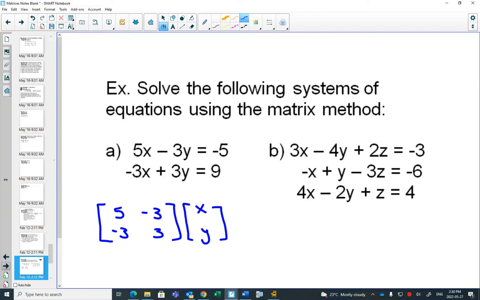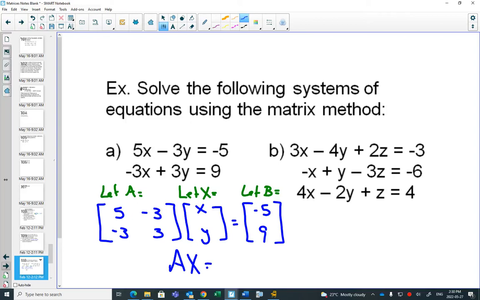We make our variables matrix and our answers matrix. And we say let matrix A equal this one, let matrix X equal this one, and let matrix B equal this one. So basically what you have is AX equals B.